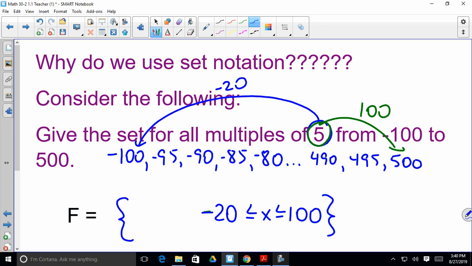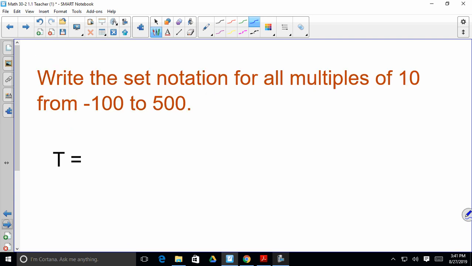But what did I just say about type of number? Here's the sneaky part. This is 5x. Now that's something you'll see on the diploma. Usually it's not this nasty, but still. So set notation. Write the set notation for multiples of 10 from minus 100 to 500.